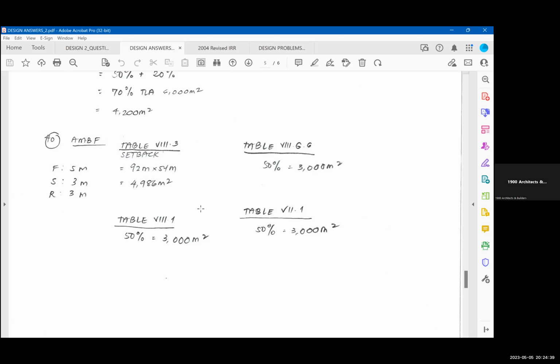So, ibig sabihin nun, doon ka magre-refer sa table. But then, pag may questions na getting the AMBF based on the setbacks, ito yung magiging sagot.